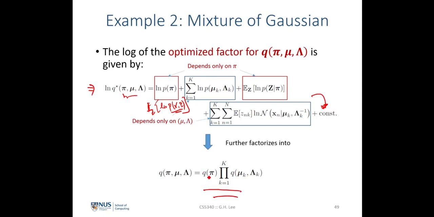The factorization consists of Q of pi as well as a product of all the Q of mu k and lambda k, which is shown in this expression, since it's a summation over k for both these two terms on mu k and lambda k. So this means that this proposal distribution can be further factorized into this particular form.